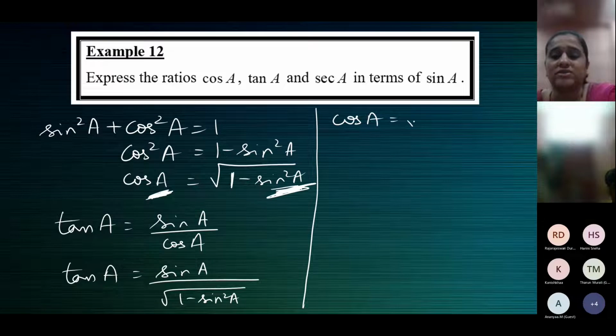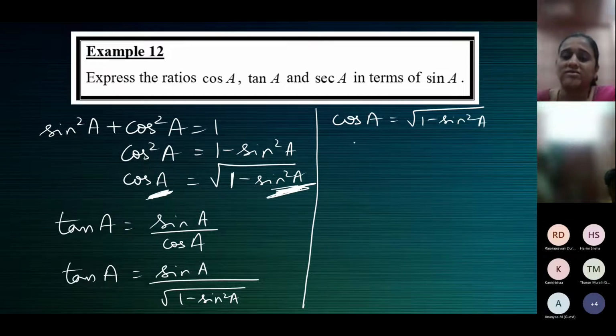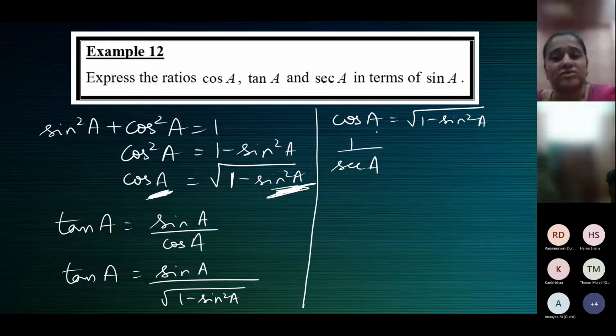We already have cos A is equal to root of 1 minus sin square A. Cos and secant are reciprocal ratios, so cos A can be written as 1 by secant A. So instead of cos A, you can write 1 by secant A is equal to root of 1 minus sin square A. Now take reciprocals on both the sides.